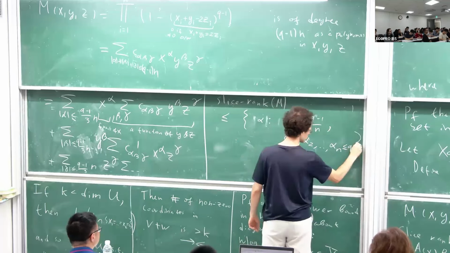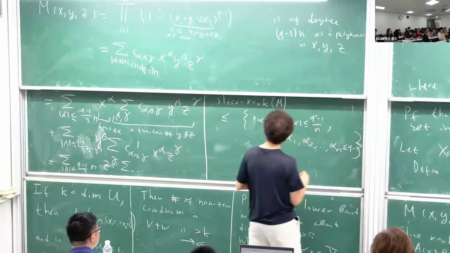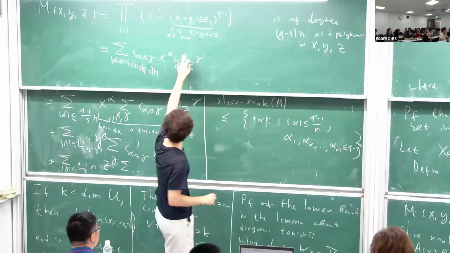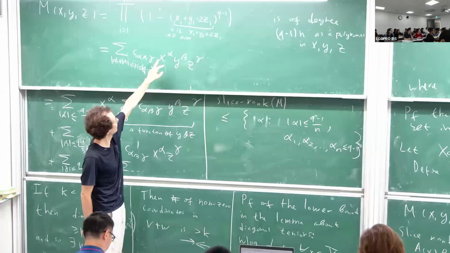If I'm looking at the degree of x sub i, it appears only once in this big product, and its degree is at most Q minus 1.